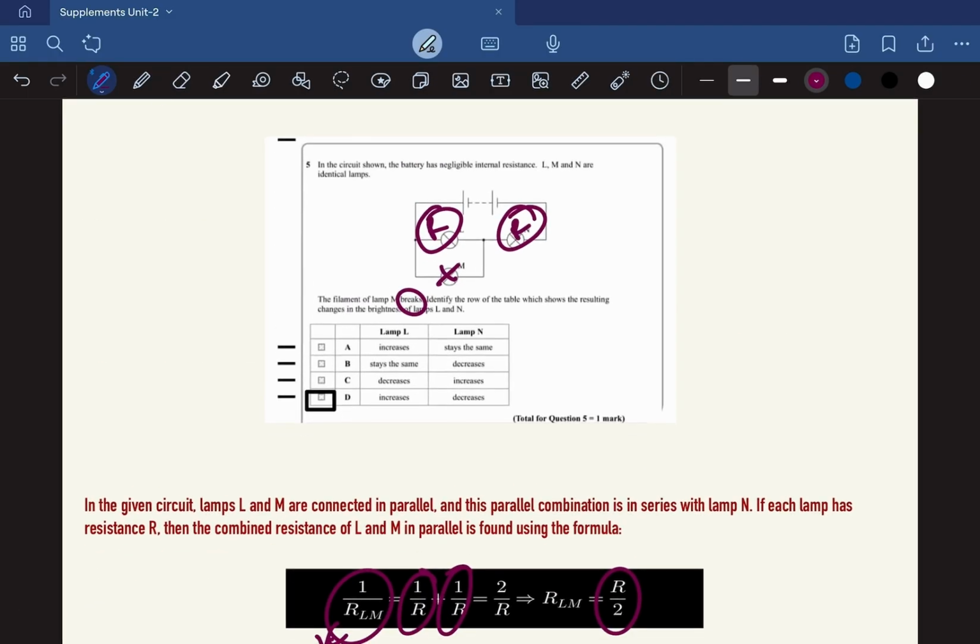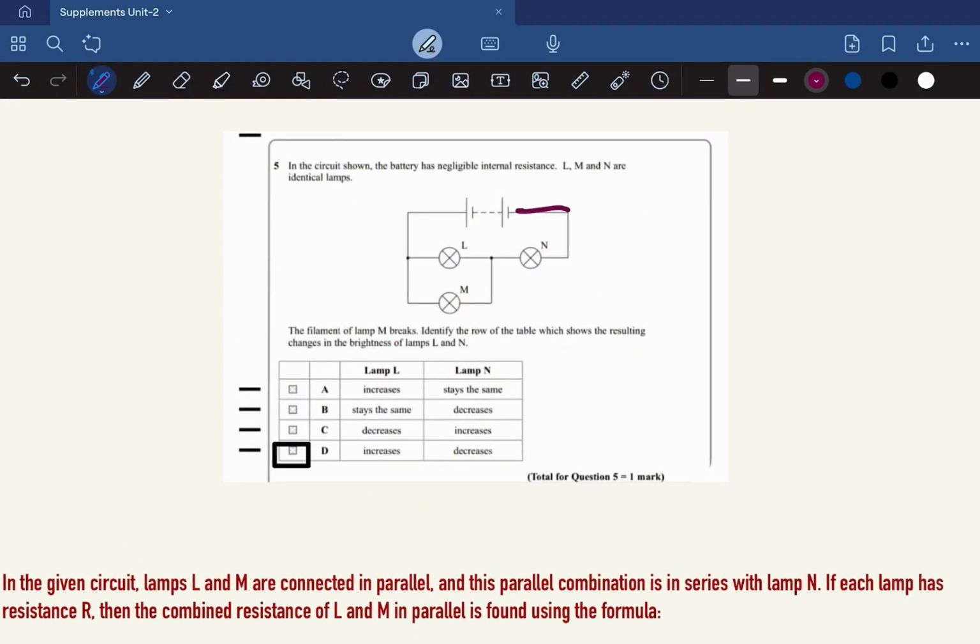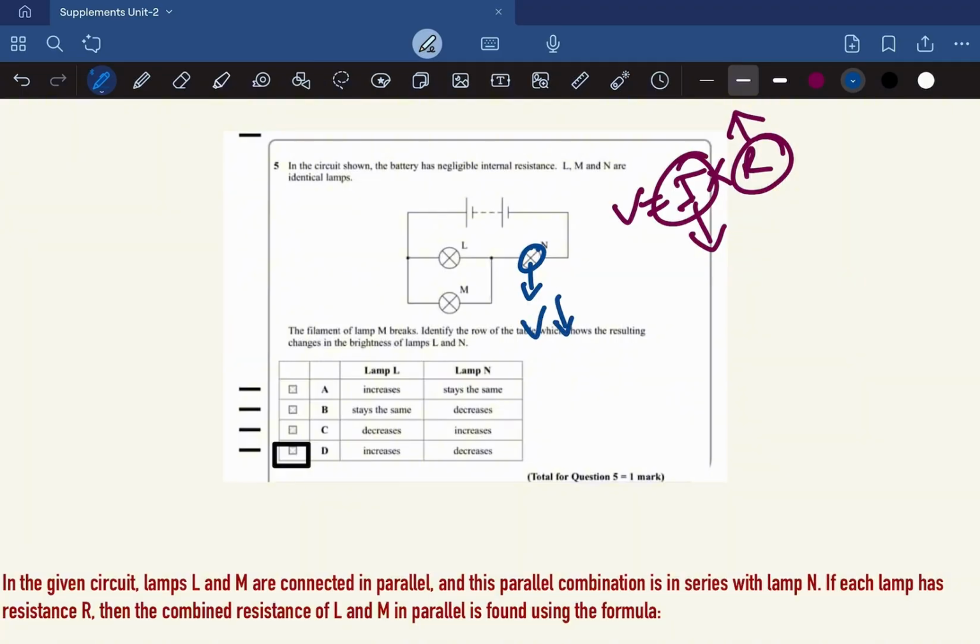Now as the total resistance in the circuit has increased, the current flowing through the circuit has decreased. We know voltage is equal to current times resistance. As the current flowing through it has decreased, the voltage across this bulb will also decrease.